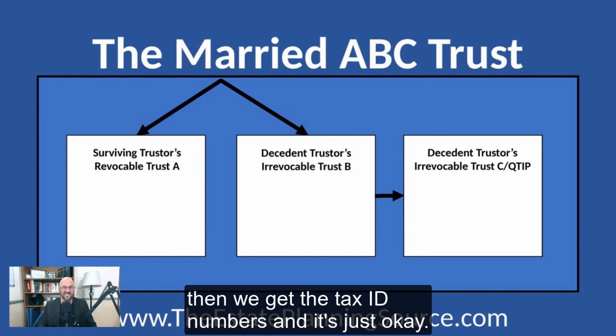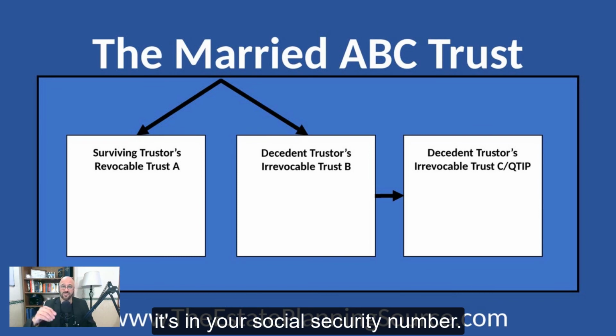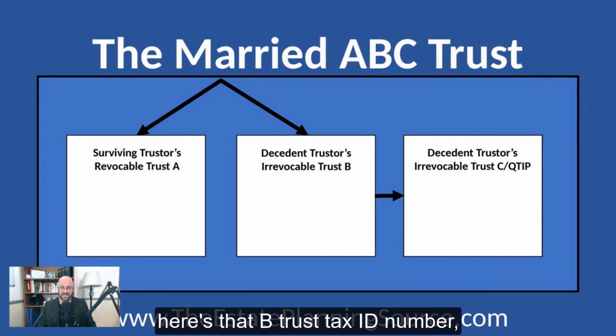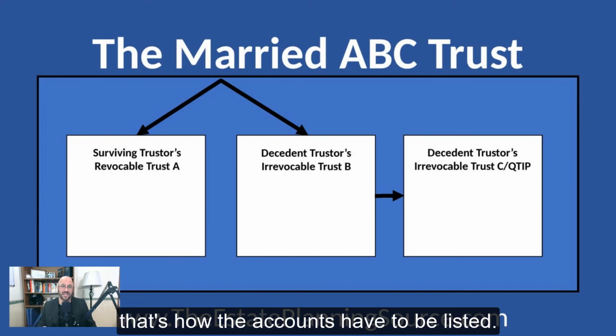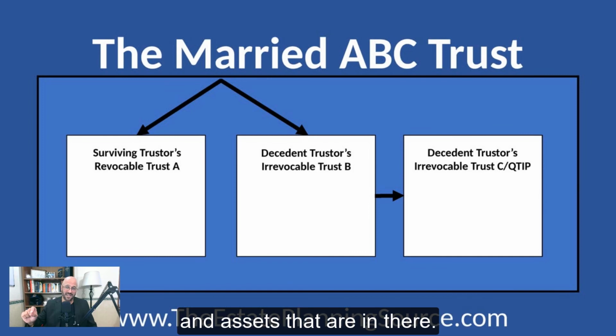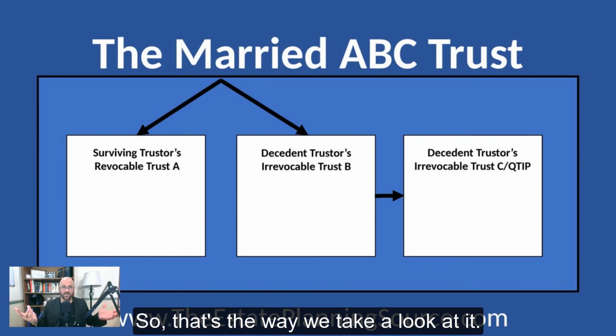Then we get the tax ID numbers, and it's just, okay, for all of these assets that are in the A trust, it's in your Social Security number. These that are in the B trust, here's that B trust tax ID number. That's how the accounts have to be listed, and the C trust, here are the accounts and assets that are in there. It's under this other tax ID number. So that's the way we'll take a look at it.